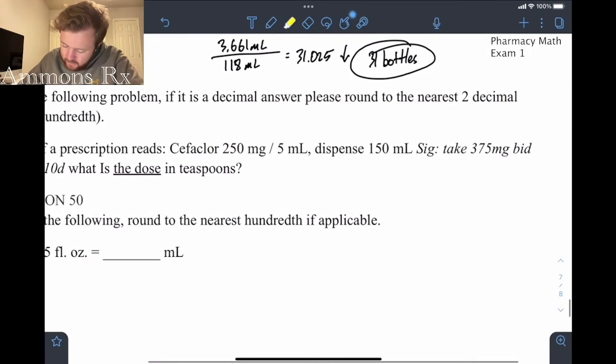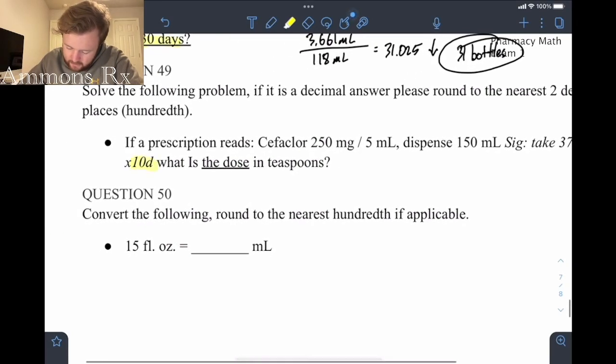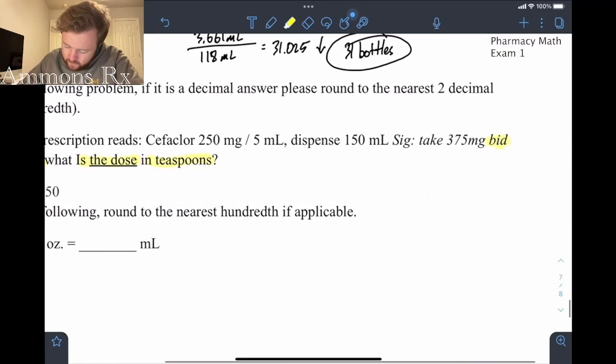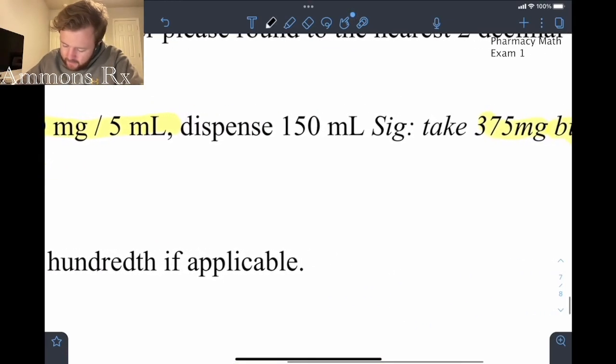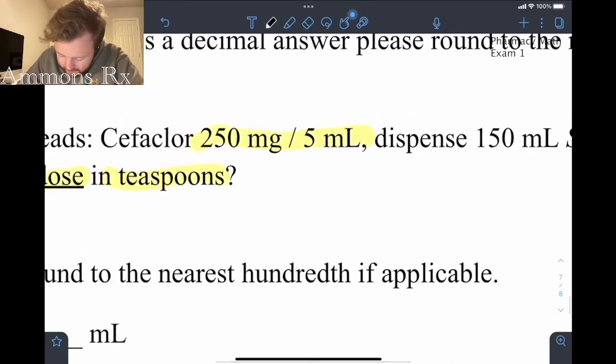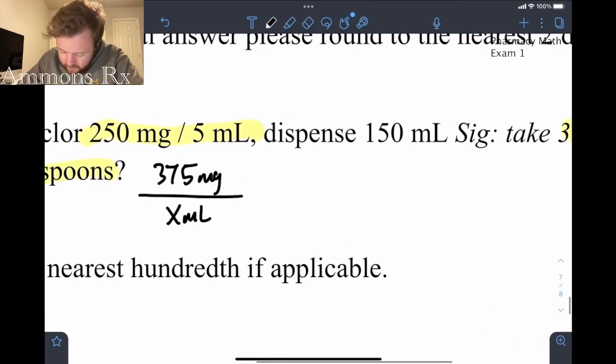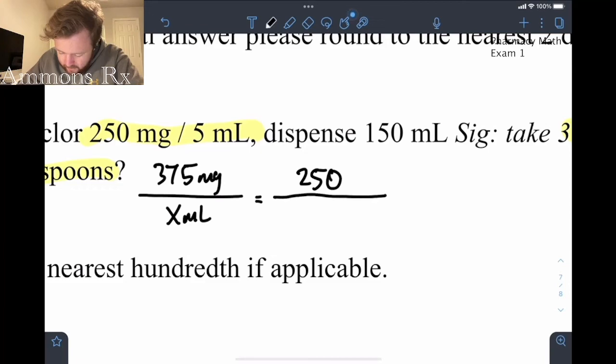Same process, BID, 10 days, dose in teaspoon. Okay, a little bit different. So they need to take 375 milligrams in a dose. We don't know how many mils that is. But we do know that our drug is supplied in 250 milligram per 5 mil.